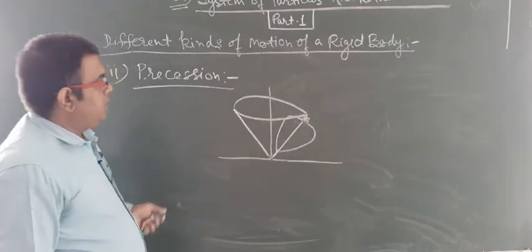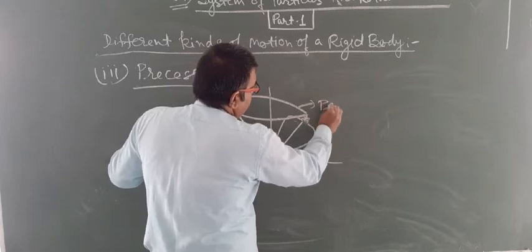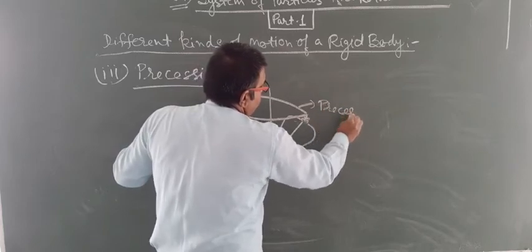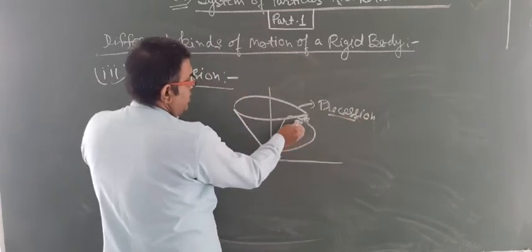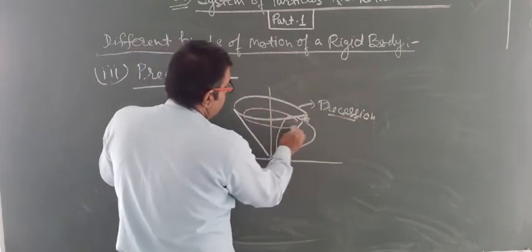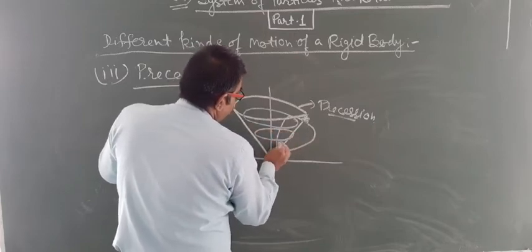So this type of motion is called precession. This point is moving like this, this point is moving like this.